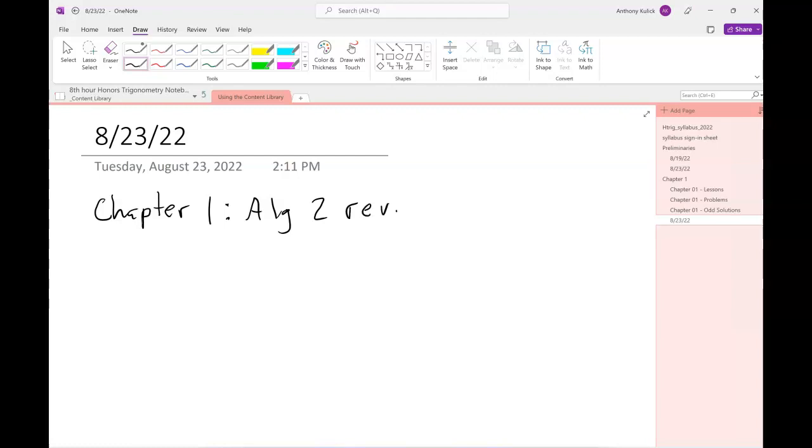But chapter 1 is really a review of Algebra 2 skills. There might be Algebra 1 skills scattered in here too, depending on how thorough or abstract a job your Algebra 1 teacher did. So the first section in chapter 1 is all about functions.